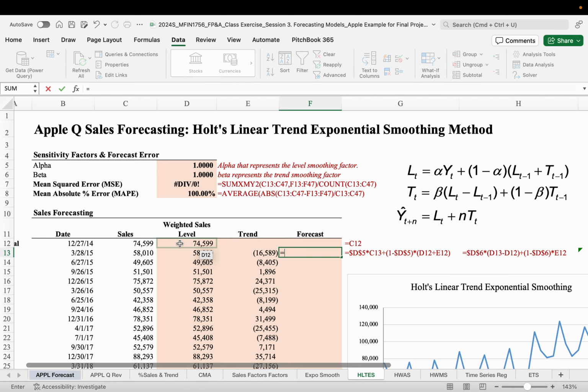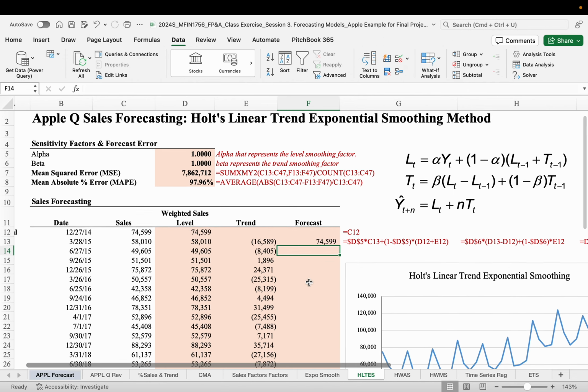Now we have finalized the calculation of L and T. The forecast, y hat, is t plus n. So how do we calculate it? It's equal to the level, the weighted sales level of the prior quarter, plus the trend, right? And then we got the forecasted sales.